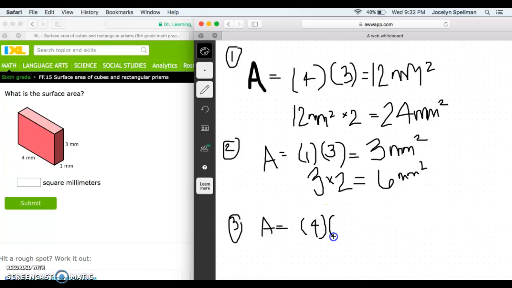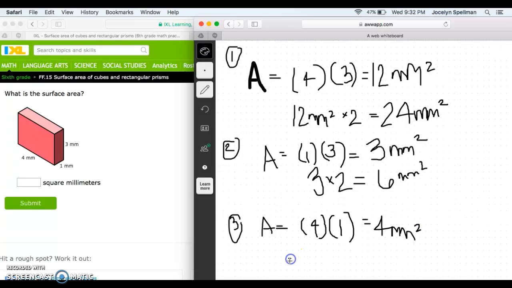And if this little side length is 1, then its opposite side is 1 as well. So it's 4 by 1. So this area is 4 millimeters squared.